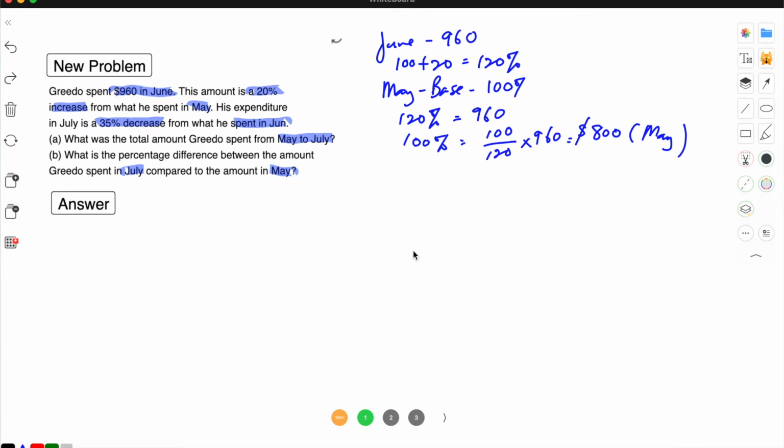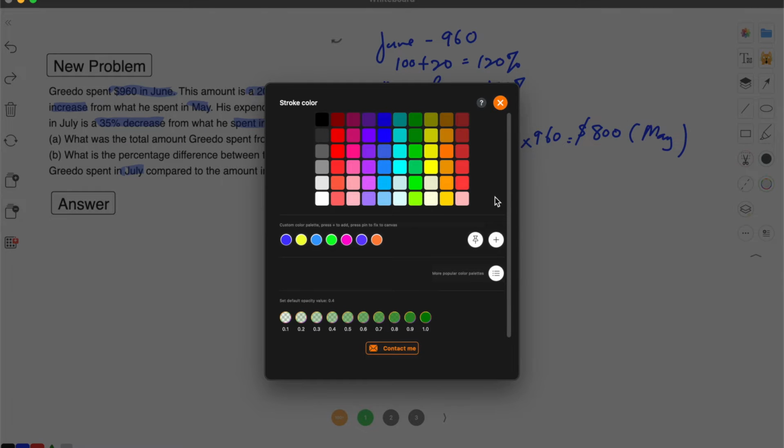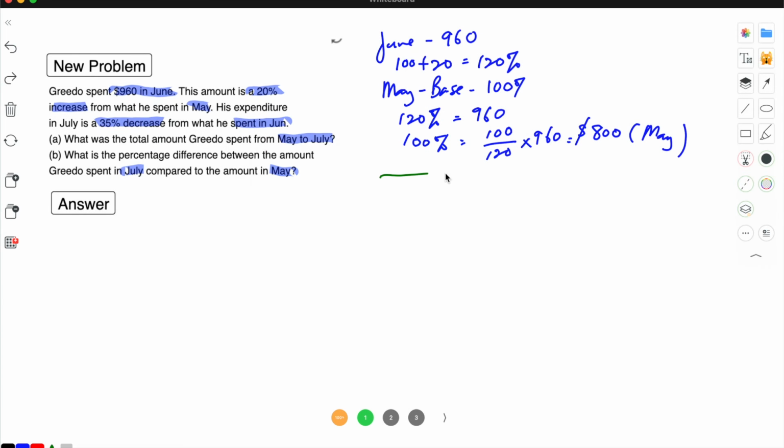Then, because we need to find the total amount including July, we also need to calculate his spending in July. Let's use a different color for this. We are told that his expenditure in July is a 35% decrease. So what does it mean? For July, because it is a decrease, it will be 100 minus 35% or 65%.